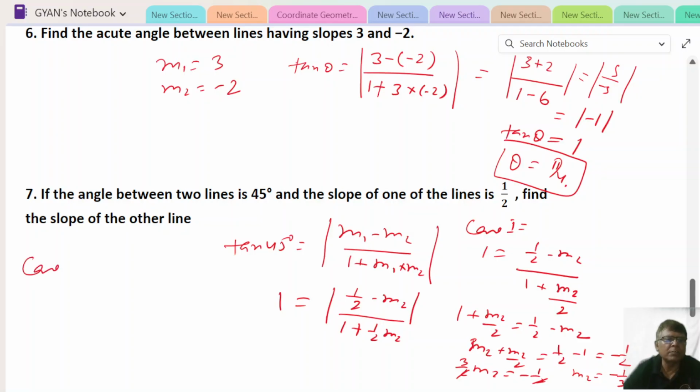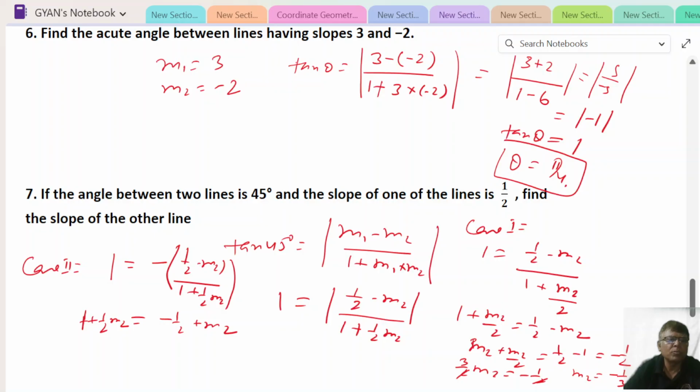Now take case 2, when this one is negative. So 1 is equal to minus of half minus m2 divided by 1 plus half m2. So this gets cancelled. 1 plus half m2 is equal to minus half plus m2.